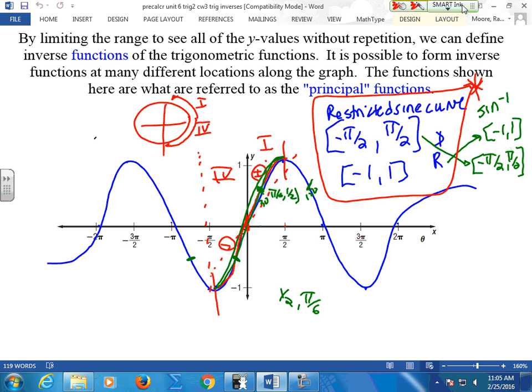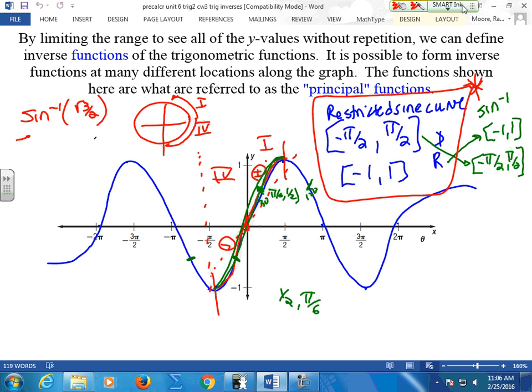So if I say to you, find me an angle inverse whose sine is radical 3 over 2, what quadrant would you find this in? I'm using an inverse function. What quadrant is sine positive on a restricted sine?